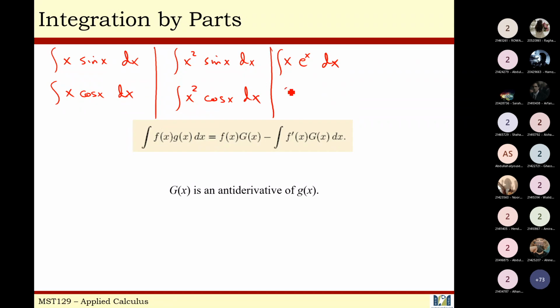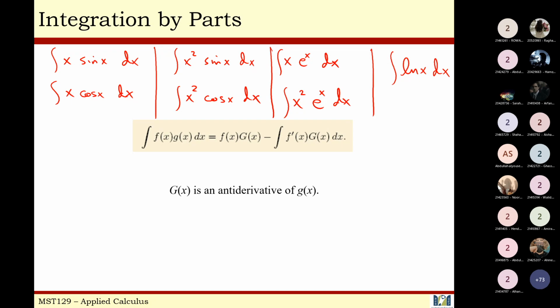Or multiplied with a power of x greater than the exponent of x, or we have ln x dx. All of these cases we can solve by parts.